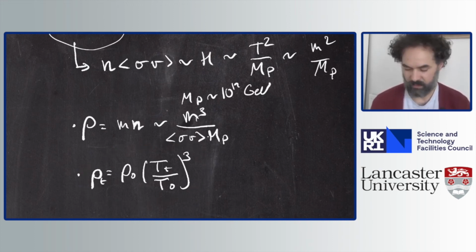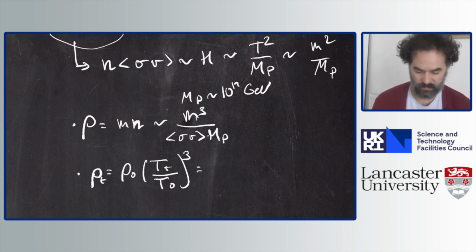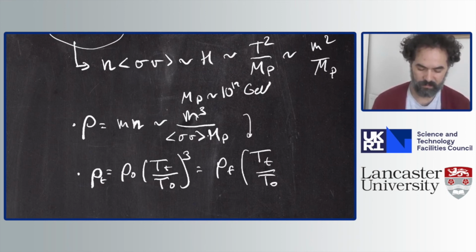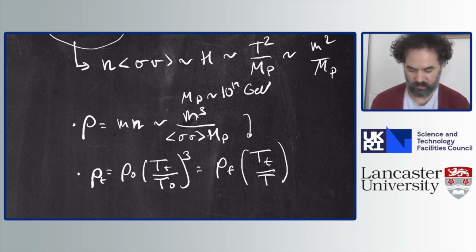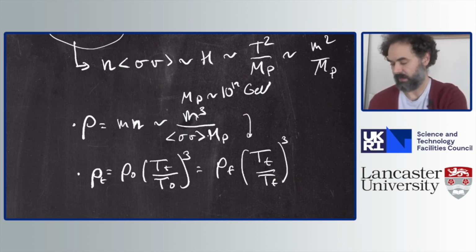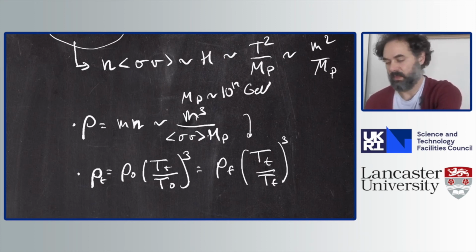Okay, very good. Let's imagine that we know the temperature and the energy density at freeze out, which is what we know. I just completed it. And then I can evolve it to later times from this expression I just wrote. Great, what else do we do?